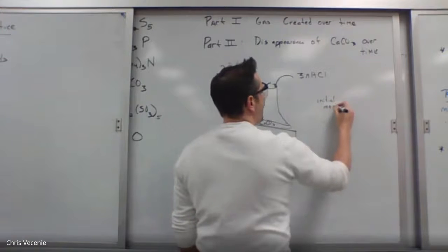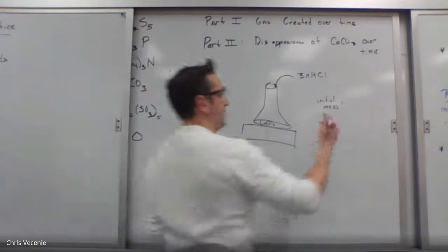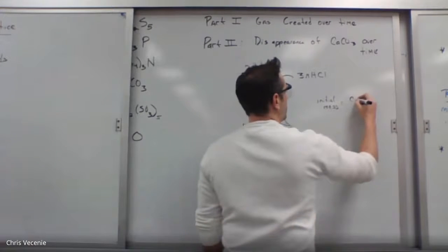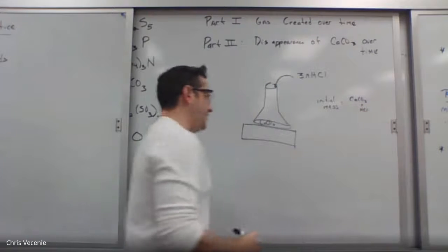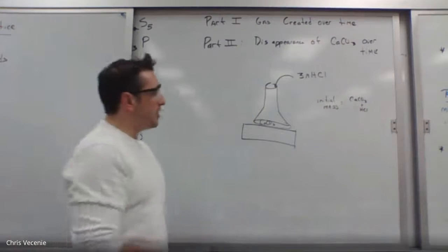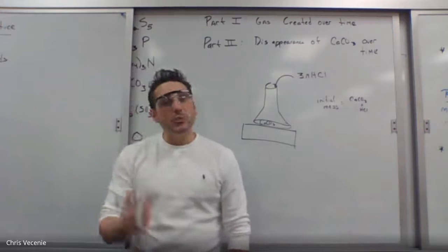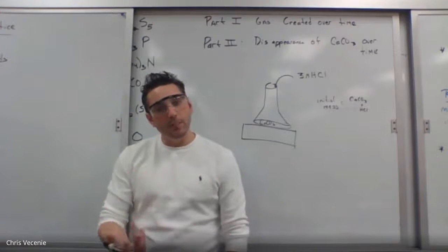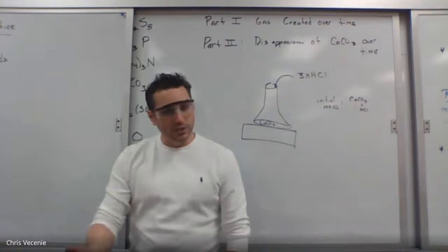So the initial mass isn't of the CaCO3, it's of the CaCO3 and the HCl. But between the two of those, the CaCO3, the chip, is what's going to get decomposed and broken down. So the only thing disappearing is the solid.